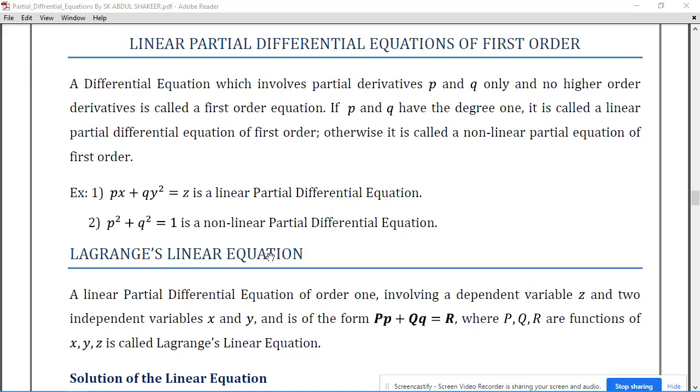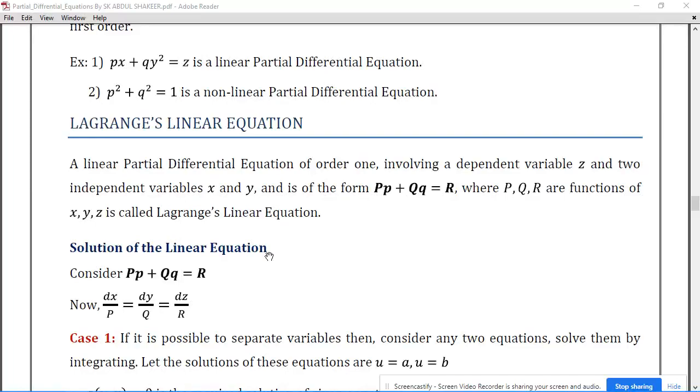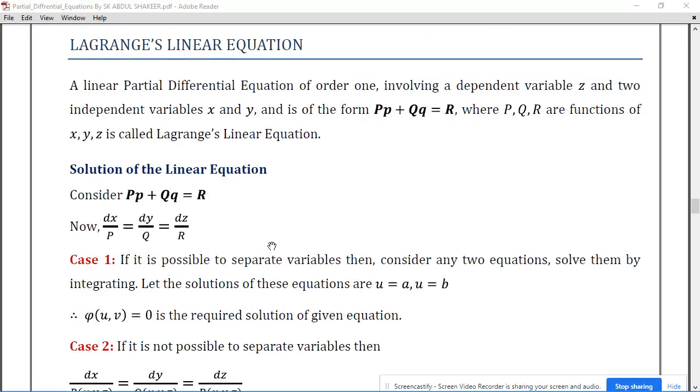Now we will look at Lagrange's equation. It is a general form for a first order partial differential equation. A linear partial differential equation of order 1 involving a dependent variable z and two independent variables x and y, and of the form Pp plus Qq equal to R, where capital letters P, Q, R are functions of x, y, z, is called Lagrange's linear equation.